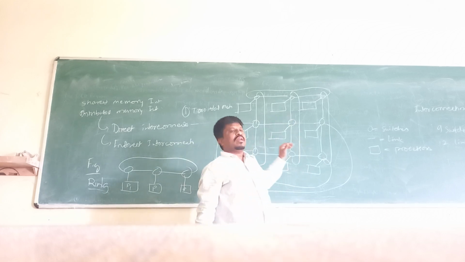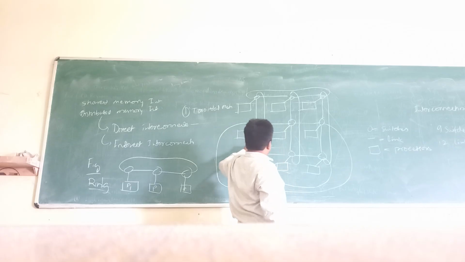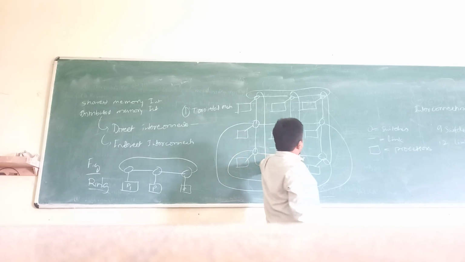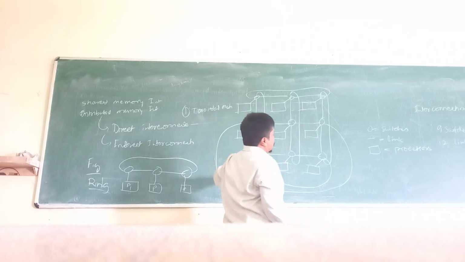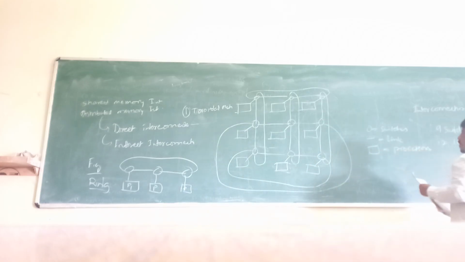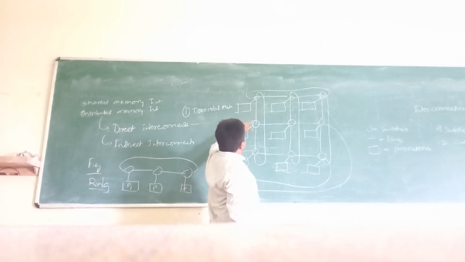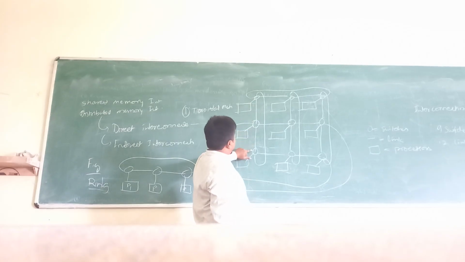How many links are there? 12 here. 9 plus 6... how many are there? 9, 10, 11, 12.